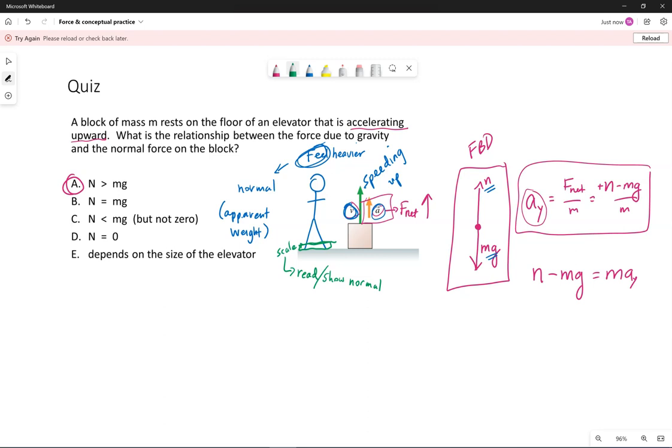So if you were in an elevator standing on a scale, during the short period of time where the elevator starts moving upwards and speeds up, the reading on the scale would be higher than normal. It would show more than your weight. How much more depends upon the actual value of the acceleration, but it would show higher.